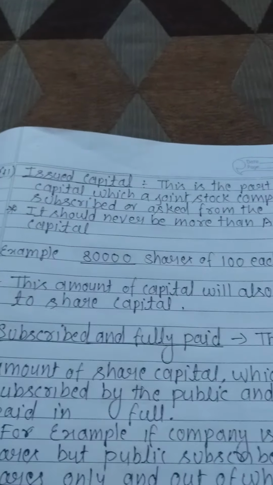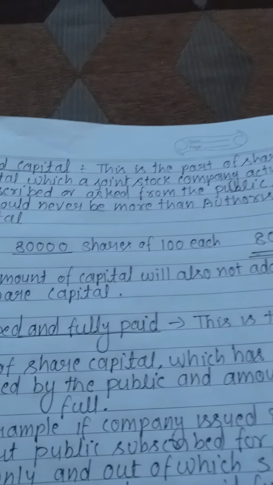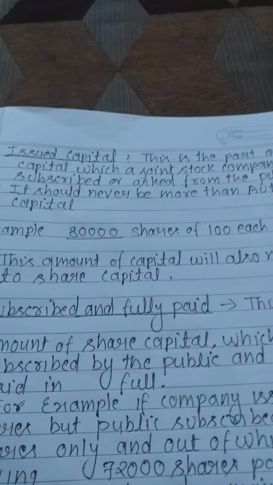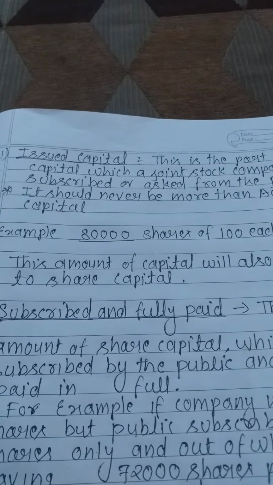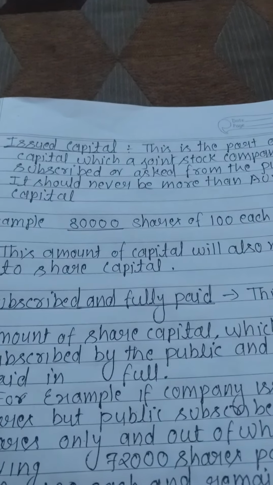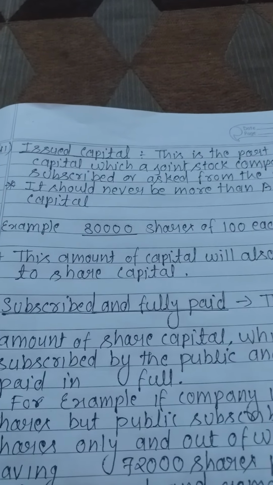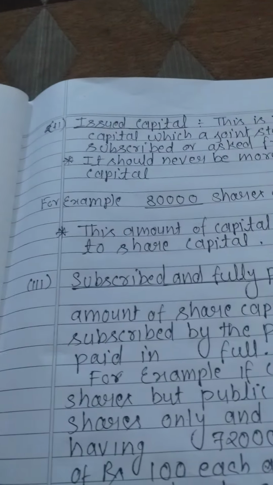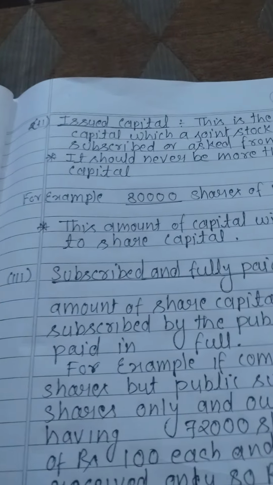Now the second part is known as issued capital. This is the part of share capital which a joint stock company actually asks for from the public. That means this is the capital that is required by the company. So it gives an offer to the general public to come and subscribe and be a part owner of the company. One thing you have to remember, it should never be more than authorized capital.